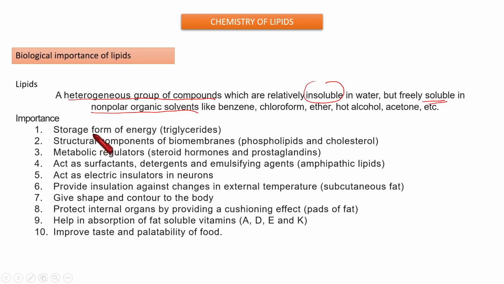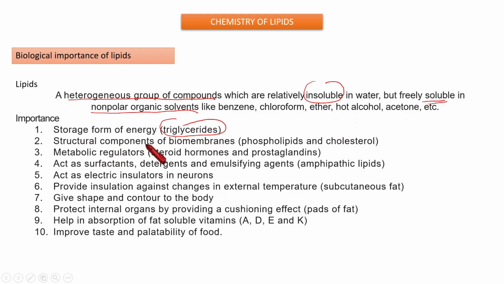First, it is a storage form of energy. In what form? It acts as a storage form of energy in the form of triglycerides. In the form of triglycerides, it is stored inside our body to meet emergency situations. Second importance, it is a part of biomembranes.